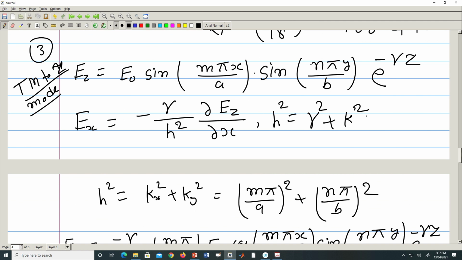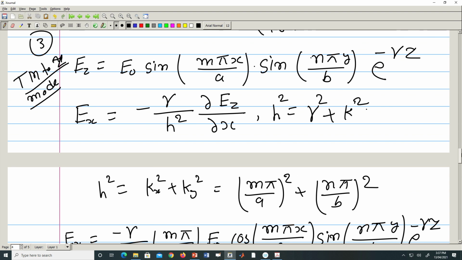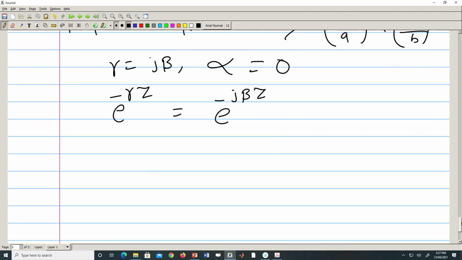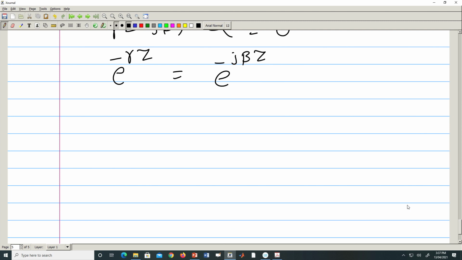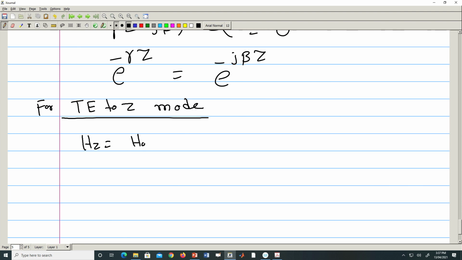For the TE to Z mode, Hz will be H naught cos of m pi x by a cos of n pi y by b. Here m or n will start from 0, because cos 0 will be 1. So Hz will be this times e to the power minus gamma z, and Ez will be 0 for this case.